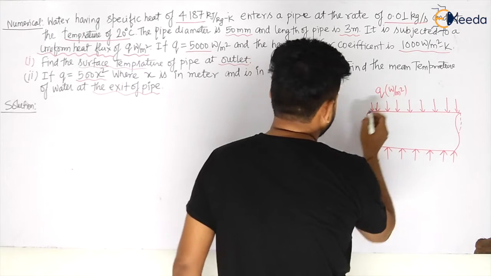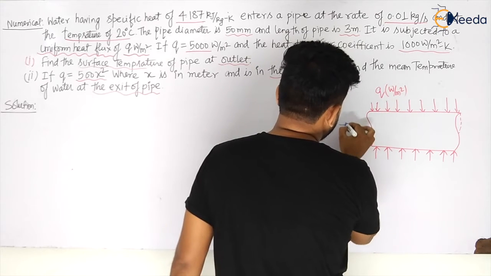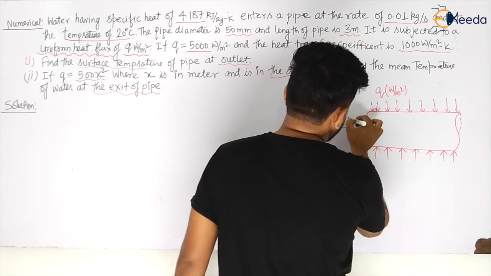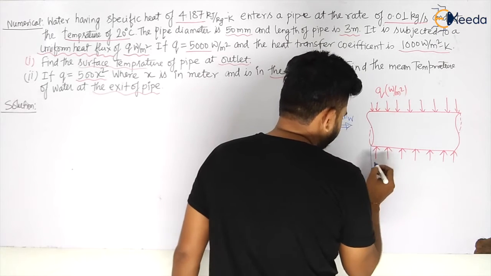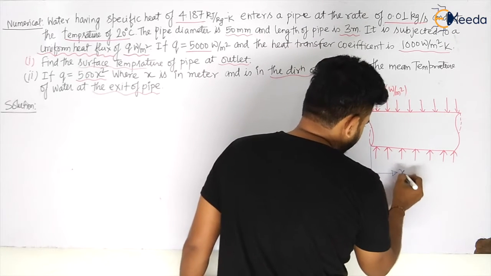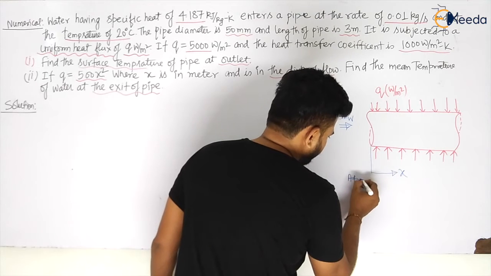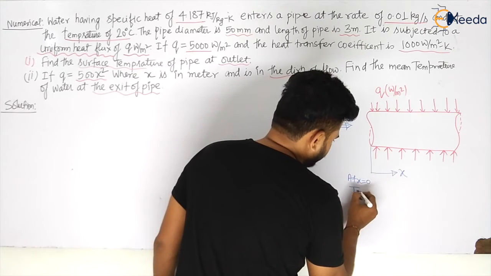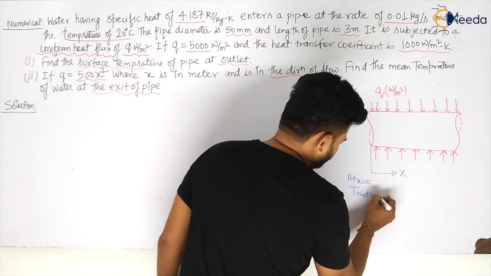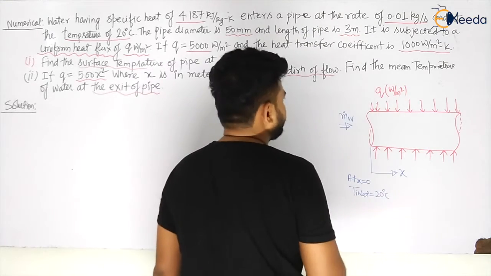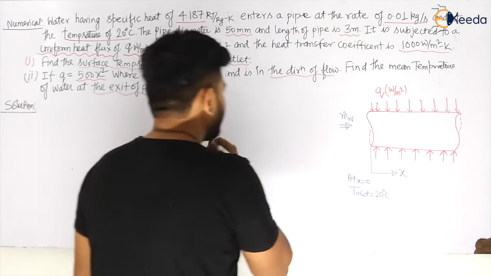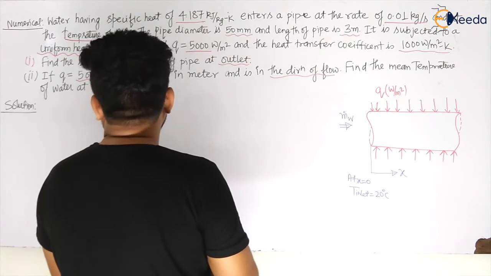So water is entering at the inlet, that is m dot of water, and the temperature at the inlet, that is at x equal to 0, is given to be 20 degrees Celsius. Now, what is the length of the pipe?